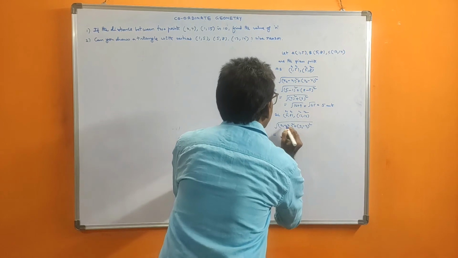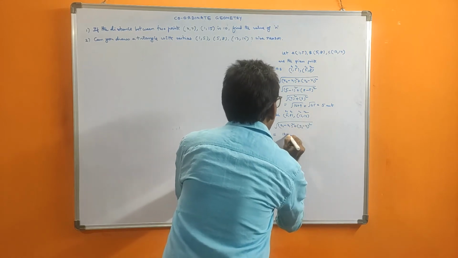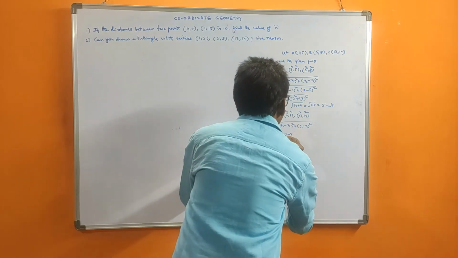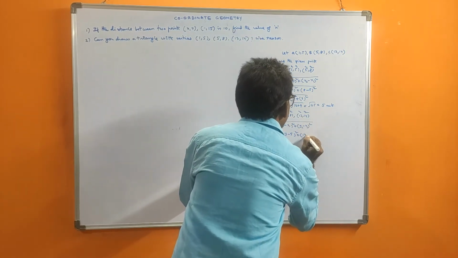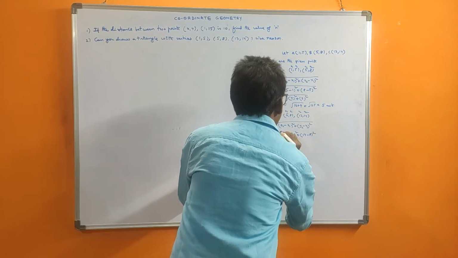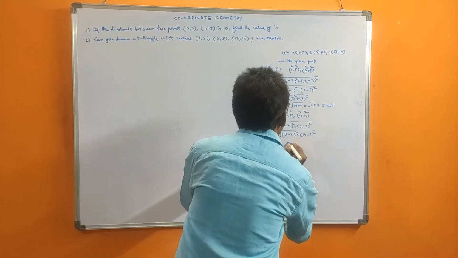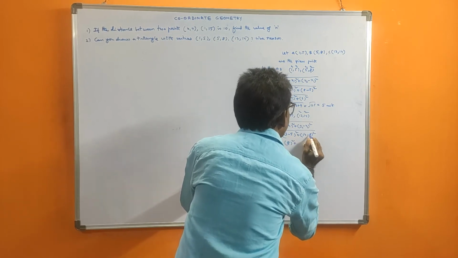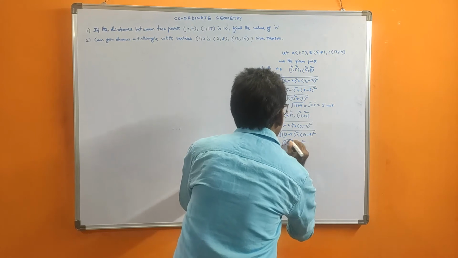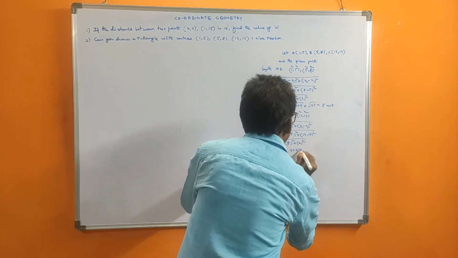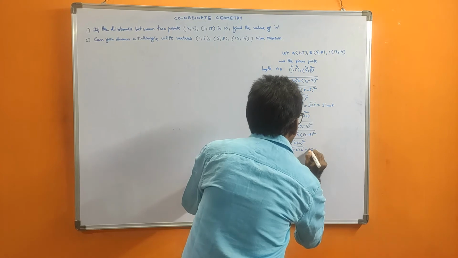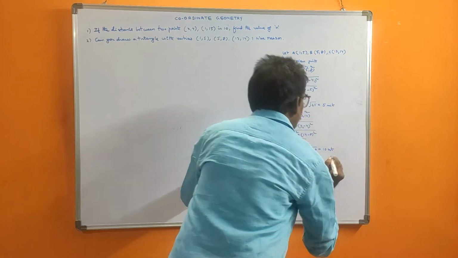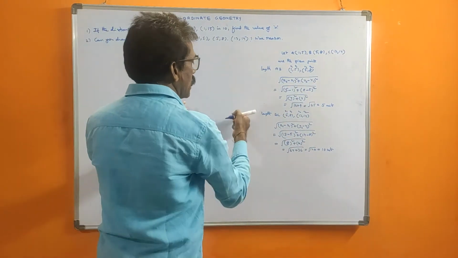Substitute the values: (13 minus 5) whole square plus (14 minus 8) whole square, under root. 13 minus 5 is 8 square, plus 14 minus 8 is 6 square. That is 64 plus 36, which is 100. Root of 100 is 10 units. We got 10 units.